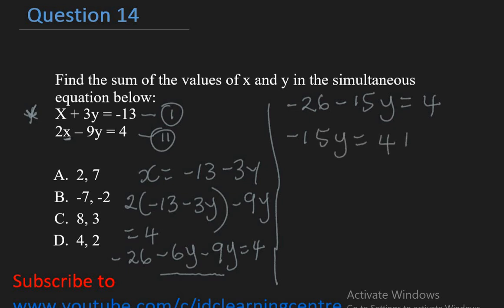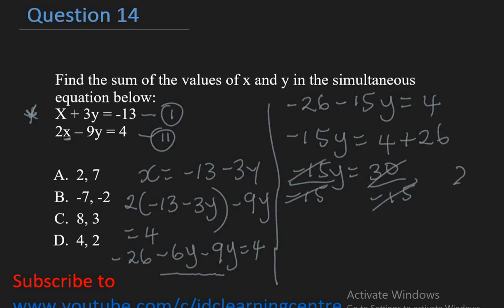Minus 26 we change to plus 26. So I will have minus 15y equal to 30. To get y, divide both sides by minus 15. Minus 15 cancels minus 15. 15 into 30 is 2. Since nothing cancels the minus, you put it. This is the value of y. The y is minus 2.